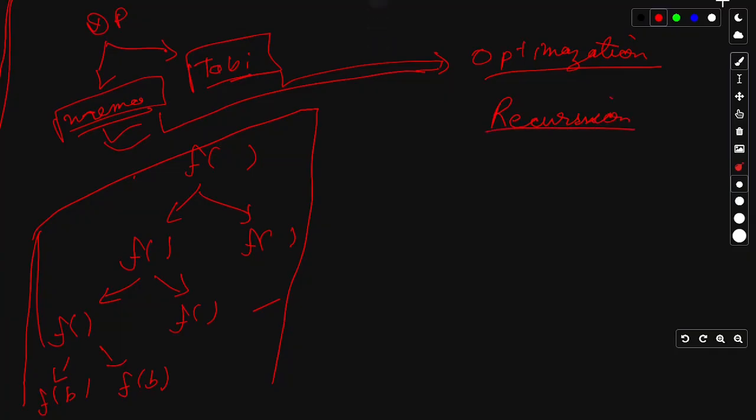We are just optimizing our recursion through these two techniques. The first technique is known as memoization. Memoization is essentially storing elements, storing the solutions of these subproblems.